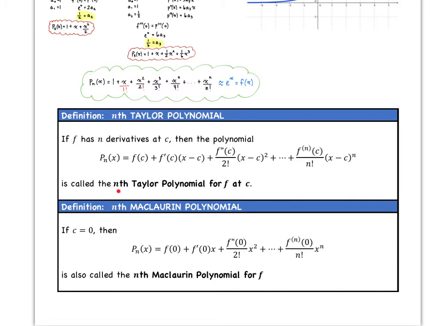So this is called the Nth Taylor polynomial for f at c.